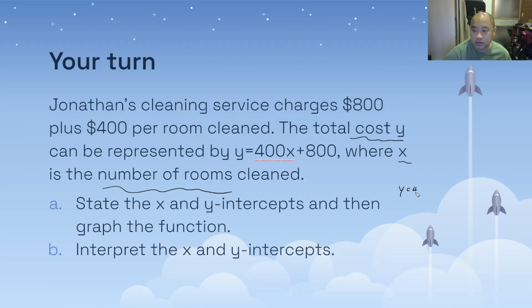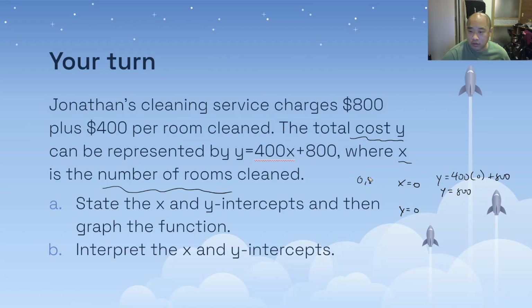I'm not going to rewrite this because that's going to take up too much space. Let's just say what happens when X is 0 and Y is 0. So when X is 0, Y equals 400 times 0 plus 800, which means Y equals 800.